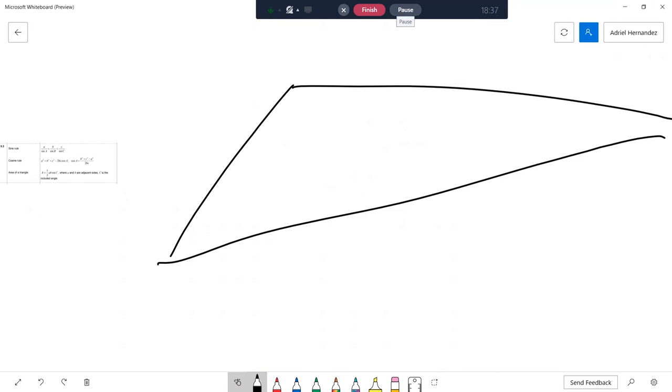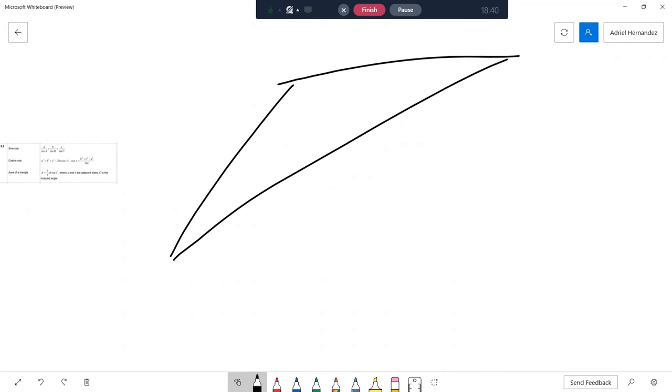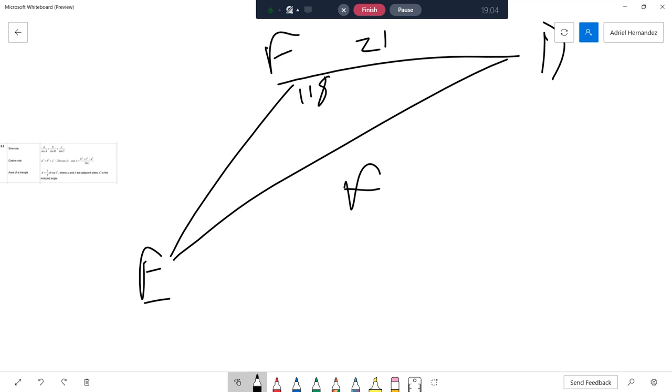Say this is F, big F, D, and E. And say we were given this angle, 21 for this side length, FD, and 18 for side length EF. But say we were tasked with finding the length of F.